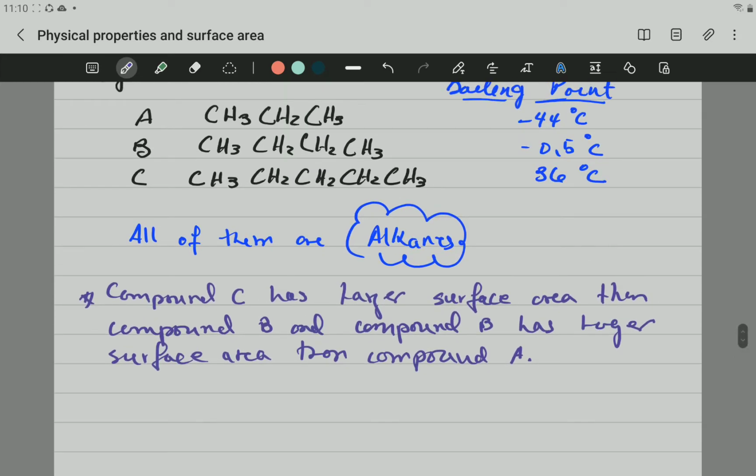Now, what is happening? The larger the surface area, the more sites for London forces.